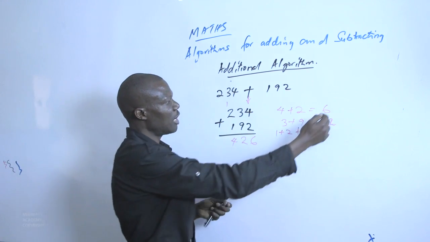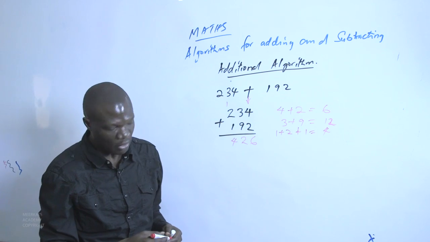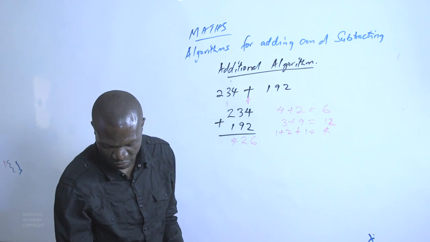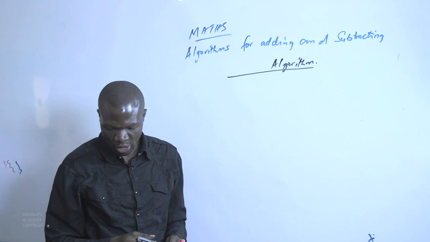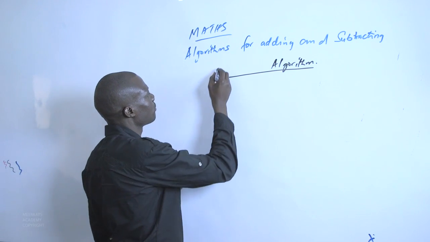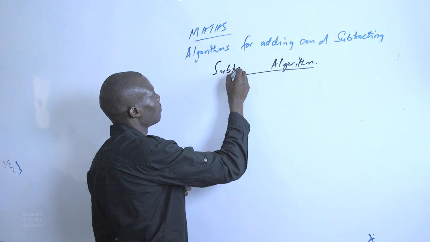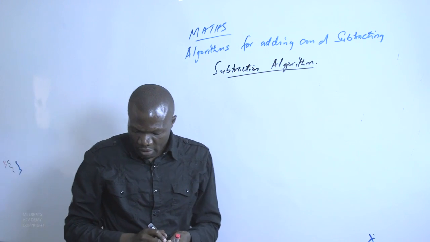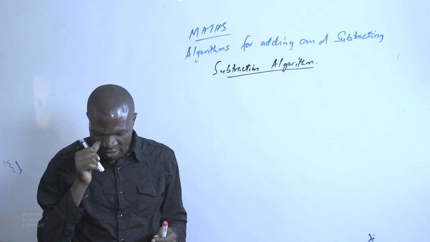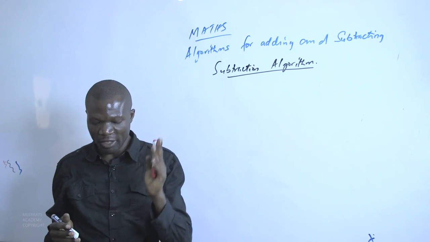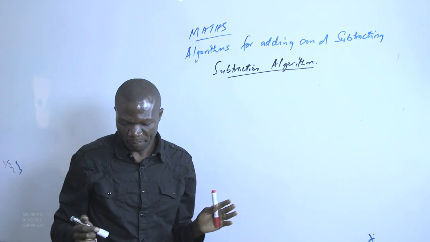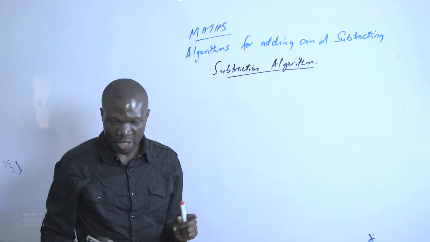So the procedure here should be followed as by the steps illustrated above. Let us look at subtraction algorithms. In subtraction algorithm, again, there are 3 steps that are observed, just like the other algorithm in addition.